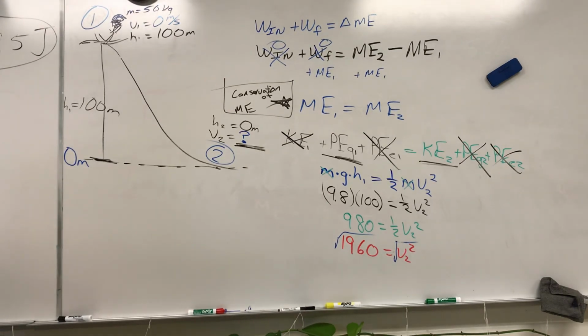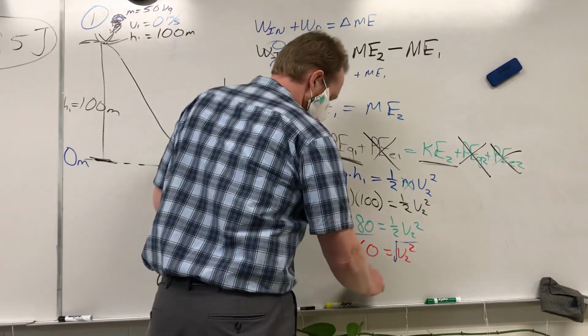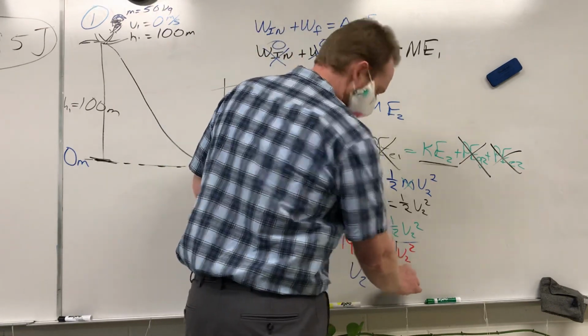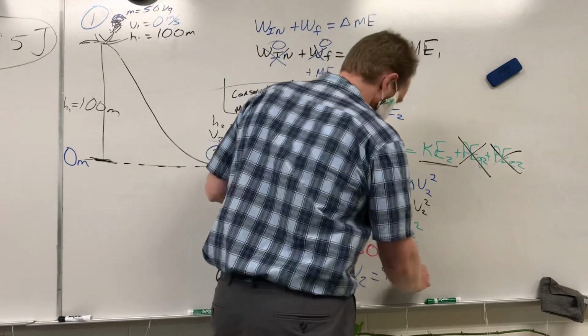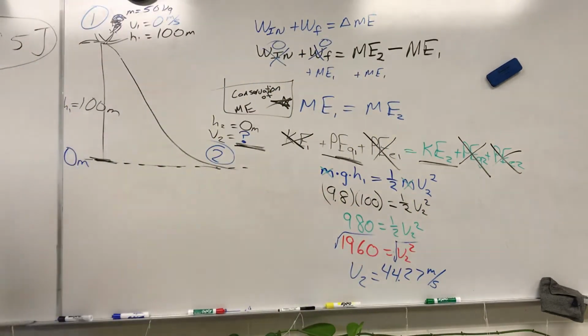So the square root of 1,960 is plus or minus, but we're going down a hill, so V2 is equal to 44.27 meters per second, which, for the record, is crazy, silly fast.